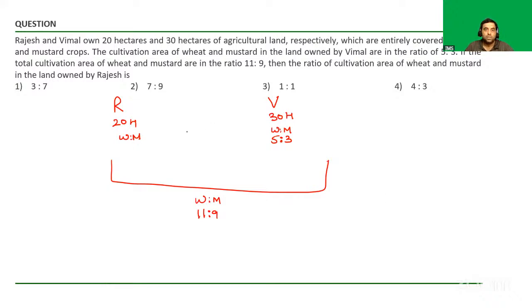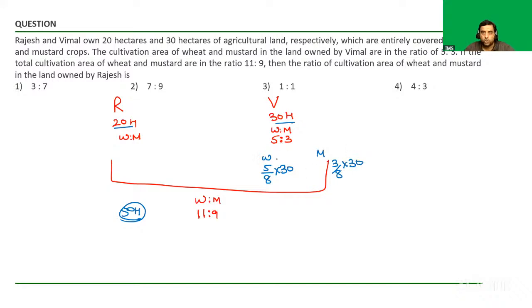Now I know since it is 20 hectare and 30 hectare, the total is going to be 50 hectare. For Vimal, it's going to be 5:3 for wheat and mustard. So wheat is going to be 5/8 of the total value, while mustard is going to be 3/8 of the total value.